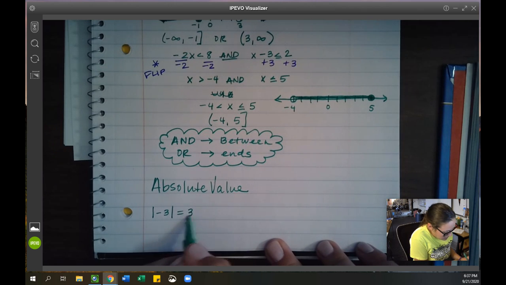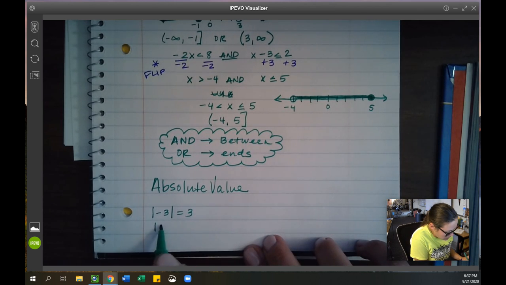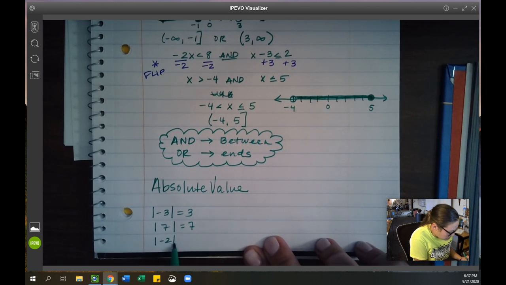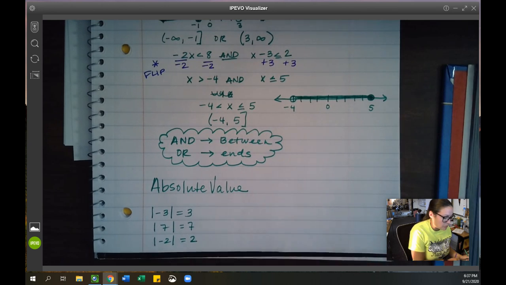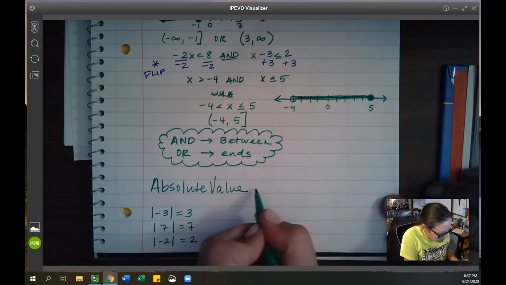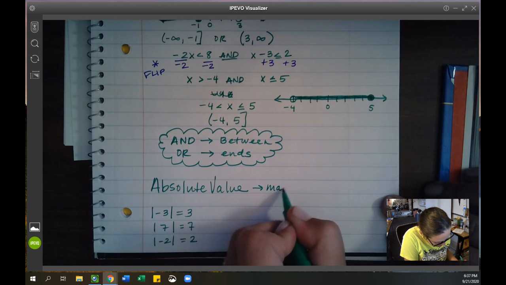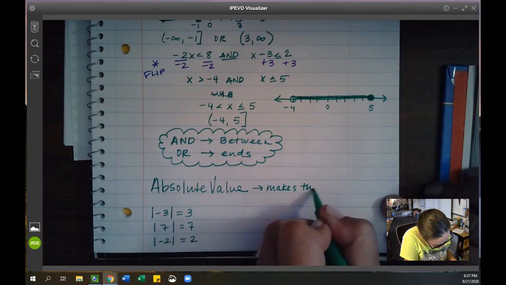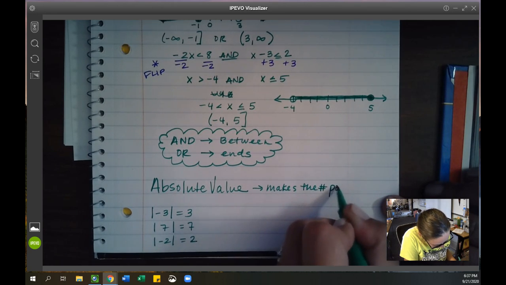That would be 3. Absolute value of 7, still 7. Absolute value of negative 2 is 2. So what does the absolute value do? It makes the number positive.